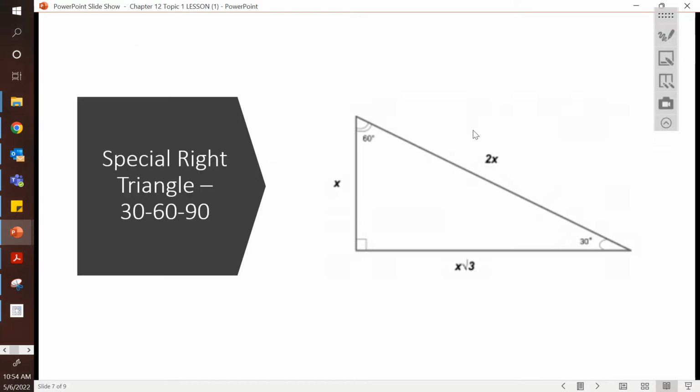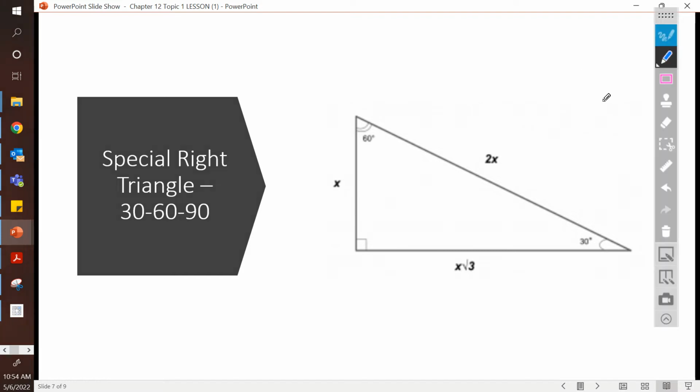The other special right triangle we want to look at is a 30, 60, 90. In a 30, 60, 90, the shortest side is across from the smallest angle, the 30-degree angle. The longest side, which is the hypotenuse, which is across from the 90-degree angle, is twice the length of the shortest leg.